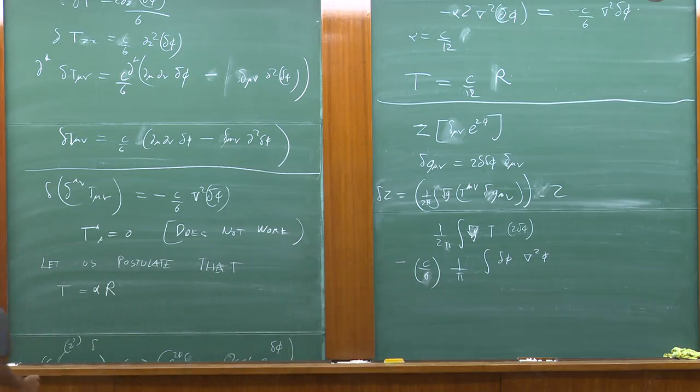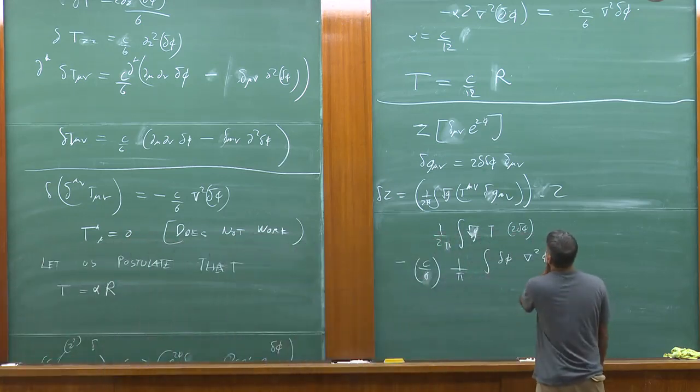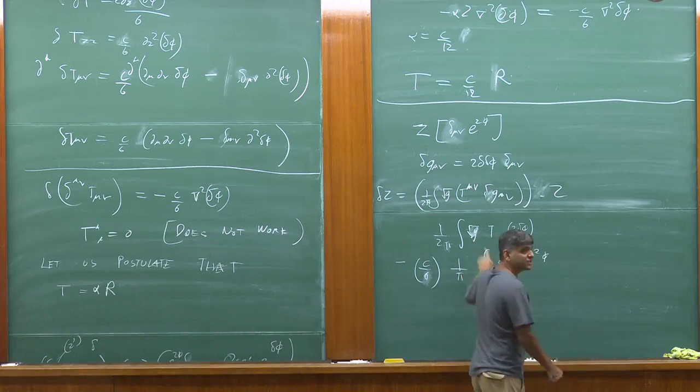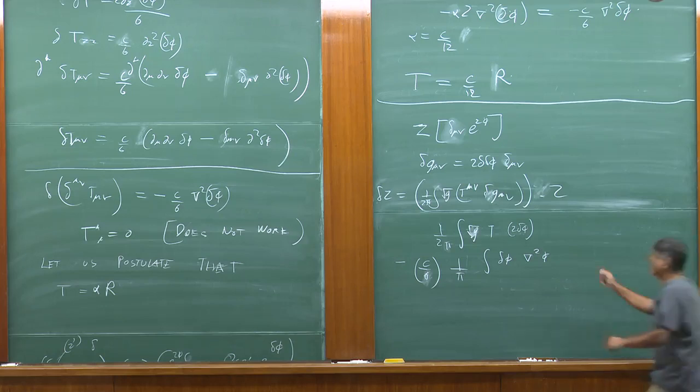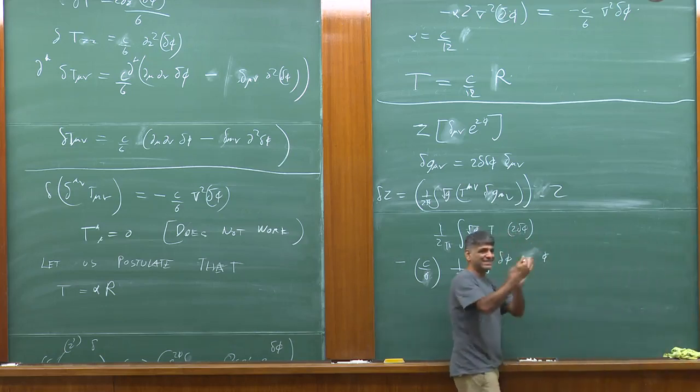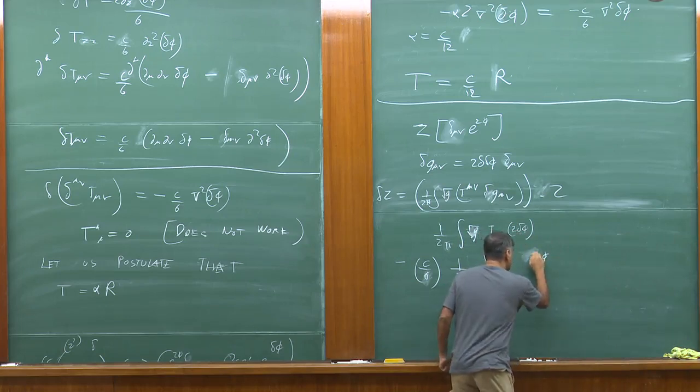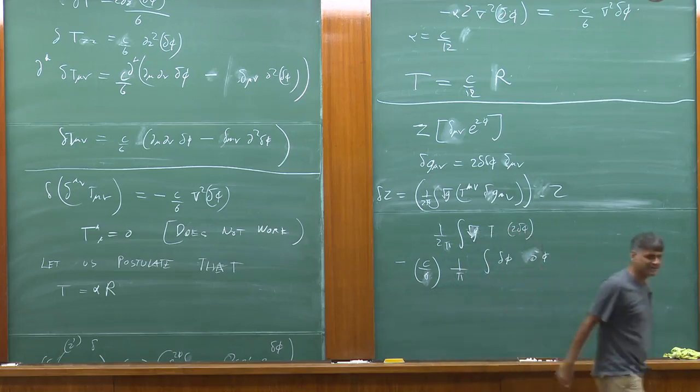Excellent. So here I cancel the square root g, which has an e to the power 2 phi, with the e to the power minus 2 phi in that. And this del square, when I'm writing it here, is just del mu del mu, the Minkowski del A phi. So let me write it as del square. It's not got the metric in it.